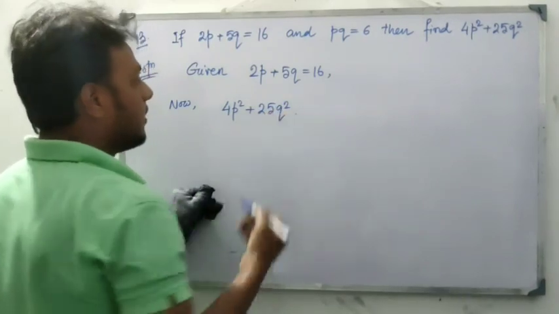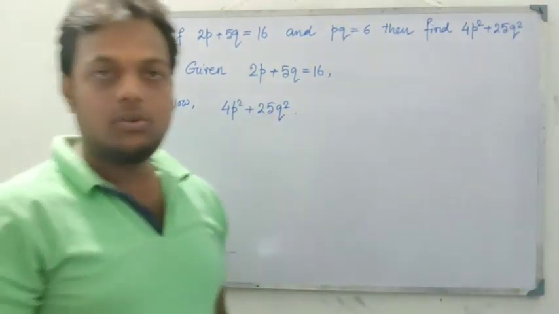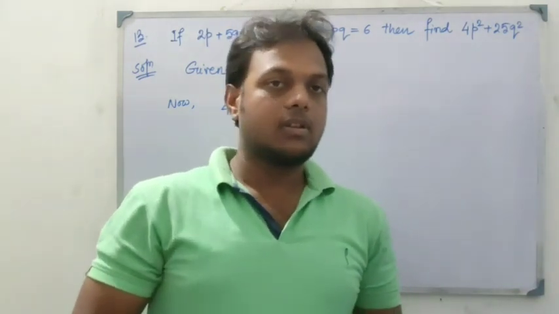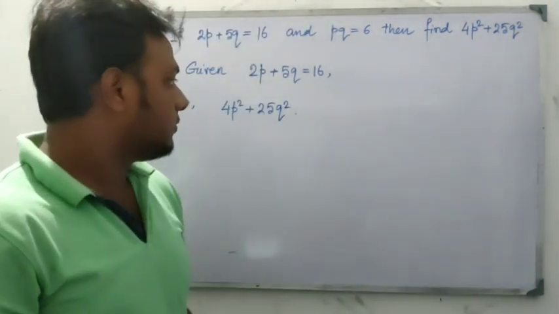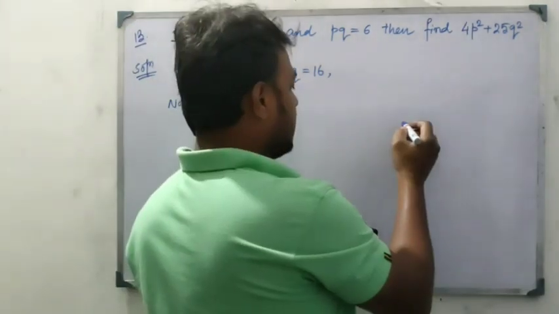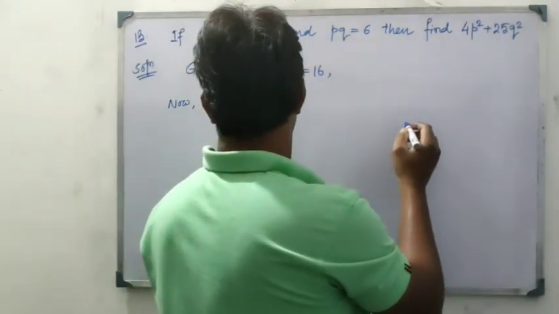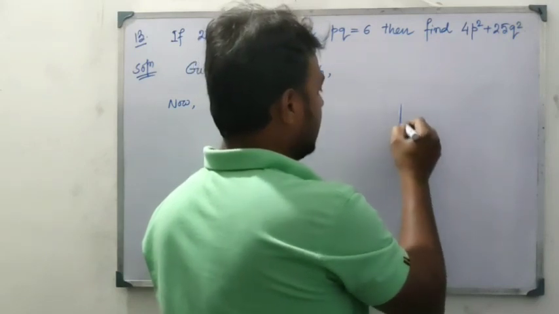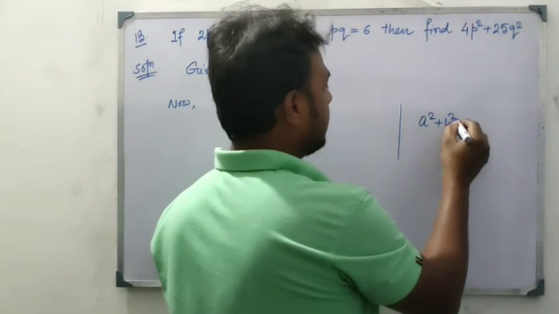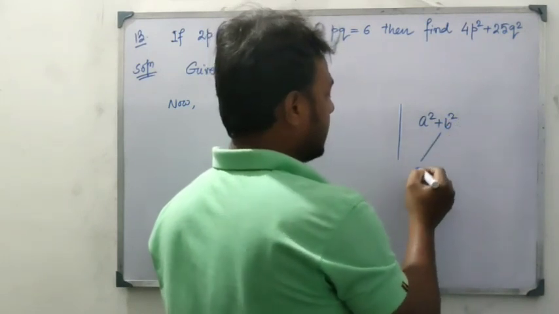To solve it, we have to use the identities for a square plus b square. Let me remind you of the identities for a square plus b square. a square plus b square equals, two identities were there.